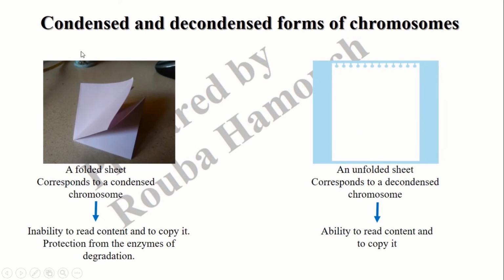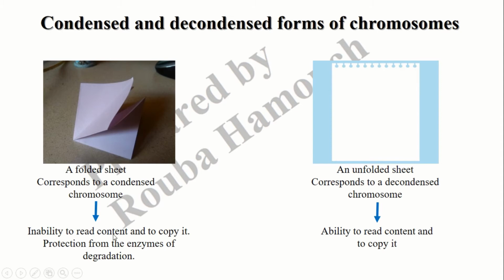I gave you here an example of condensed and decondensed forms of chromosomes. On the left, I have represented a folded sheet. This folded sheet corresponds to a condensed chromosome observed during mitosis. When the chromosomes are condensed, or when the sheet is folded, we are incapable of reading the content of the sheet and copying this content. So, during mitosis, we cannot replicate the DNA.